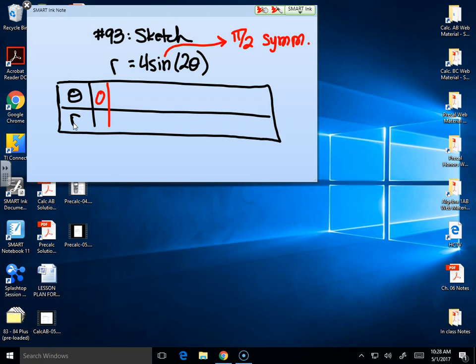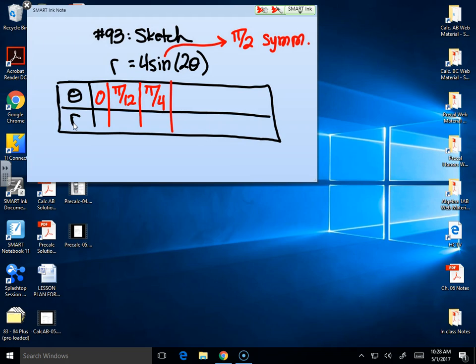Actually, I do want pi over 12. You might not totally be tracking with me on this one, but if you plug in pi over 12 times 2, you get pi over 6, which sine is 1/2. That's why we like that one. If I plug in pi over 4, 2 times pi over 4 is pi over 2. Sine of pi over 2 is equal to 1. I like that one.